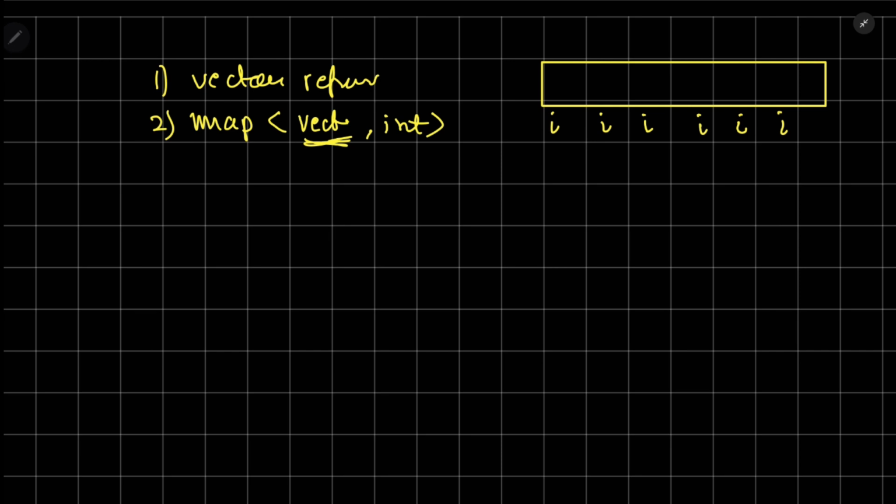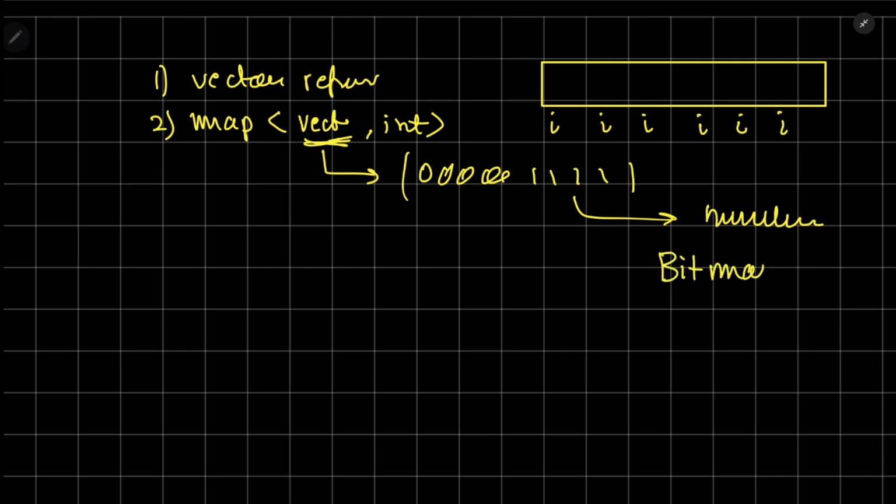What we are using here is a kind of prefix sum. But you should know that this vector is just zeros and ones, and it can be represented by a binary number. So this is where bit masking comes into the picture.